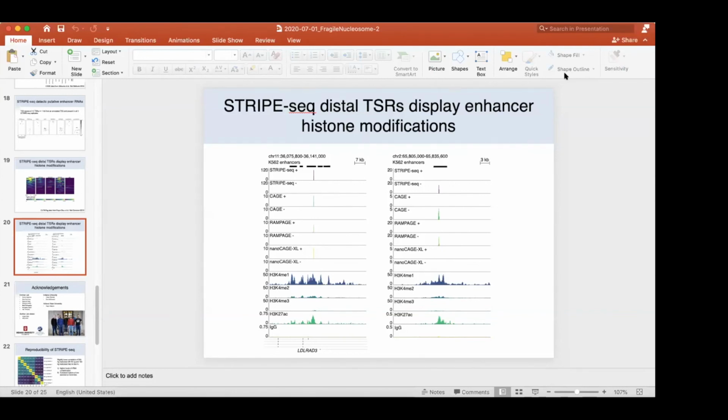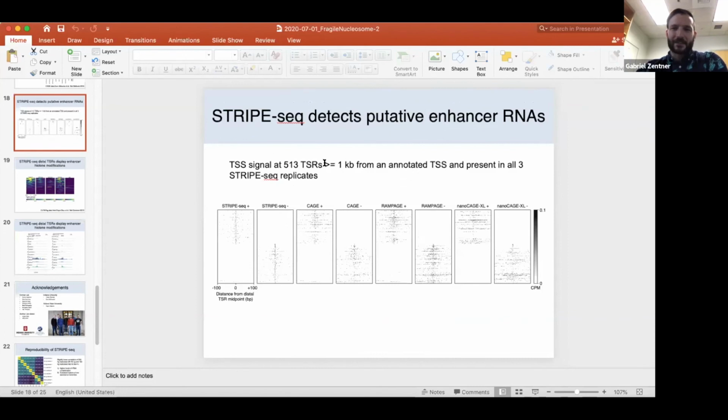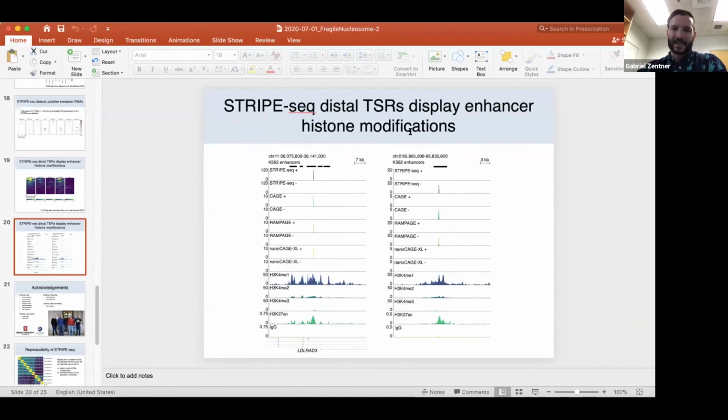Yeah, my question was based on the distance, like the examples you showed were pretty close to known TSSs. So I'm thinking, if an enhancer is quite far away from a known TSS. Okay, so the criteria we established were that they could be relatively close to a TSS. 1 kb is hardly anything, but we didn't do any filtering based on distance beyond that. And in fact, this example enhancer is in the middle of nowhere.